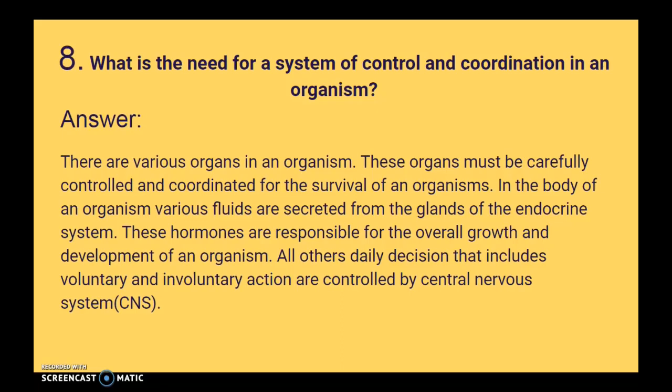In the body of an organism, various hormones are secreted from the glands of the endocrine system. These hormones are responsible for the overall growth and development of an organism. All other daily decisions, that include voluntary and involuntary actions, are controlled by the central nervous system.